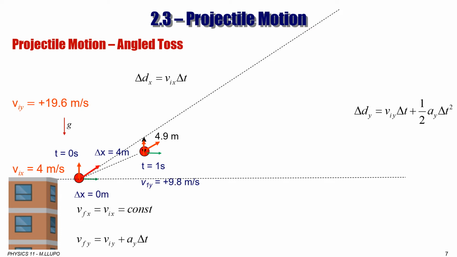Now, next one after 1 second, again from the position where there's no gravity, this motion is going to be pulled down, and the velocity, which was plus 9.8, is going to be affected by the same rate, minus 9.8 per second. So that means 9.8 meters per second minus 9.8 is going to be 0 meters per second.